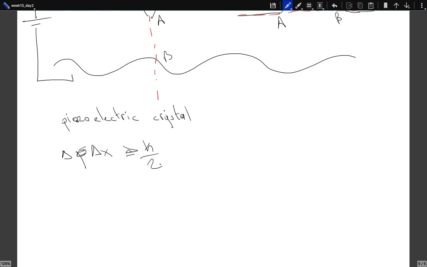So that is the size of the atom. So the uncertainty in the position of the electron in the atom is the size of the atom. So if you are thinking that, oh, maybe the electron has a fixed position, but we are not able to see it. No, the electron doesn't have a position in the atom.